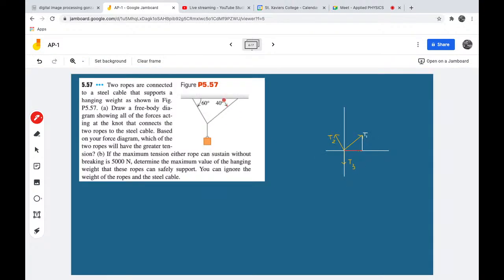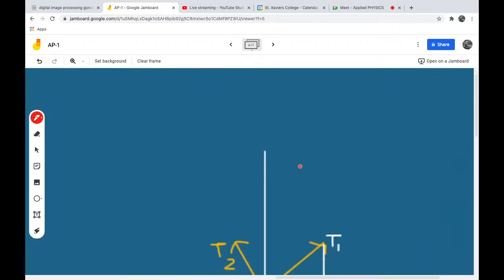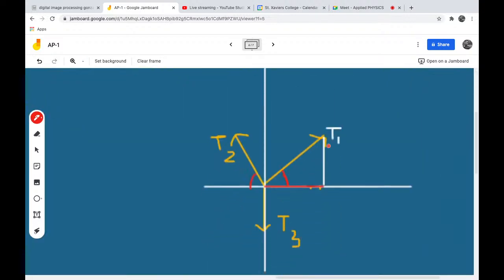This angle is 40. If this angle is 40, then this is also 40. And this is 60, that means this is also 60. So we can use these facts to take our problem forward.